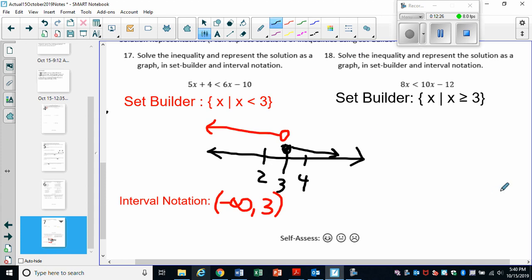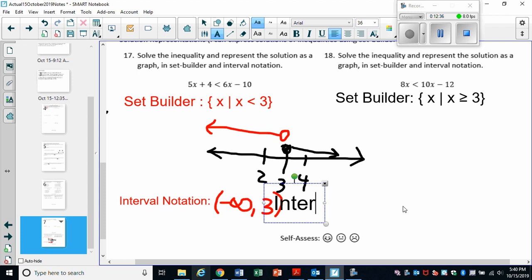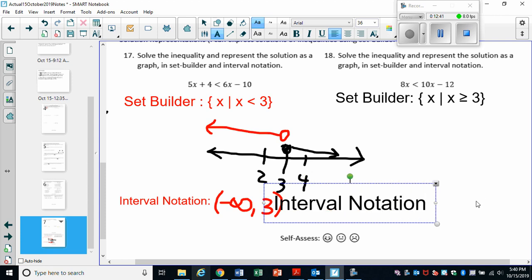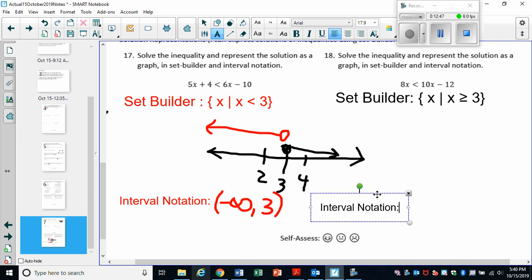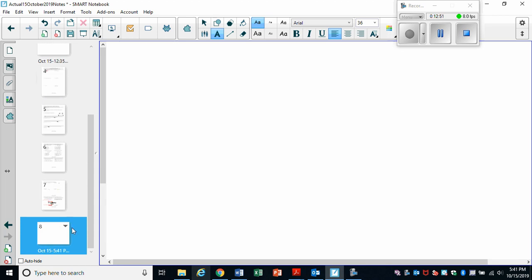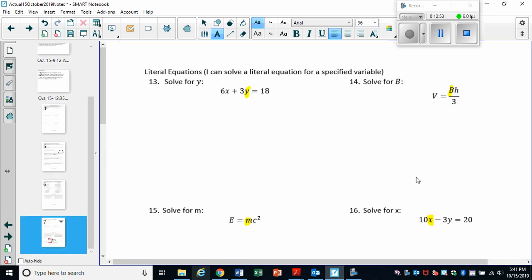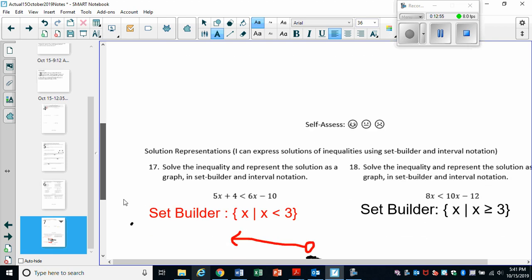Now, interval notation for this case is the following. Let me type in interval notation. Make this smaller. Oops, sorry about that. Let's go back here.